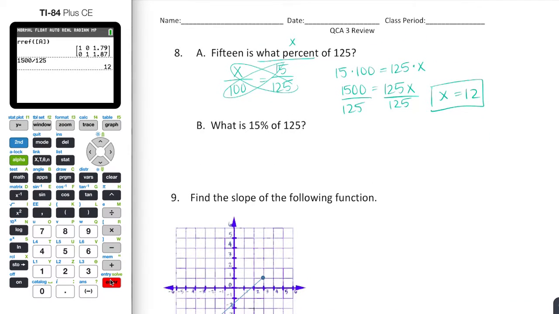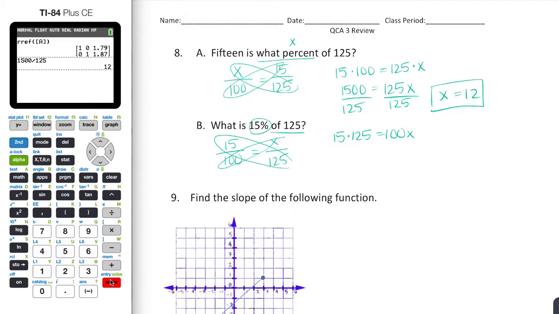All right, B, what is 15% of 125? So percent always goes over 100, so 15 over 100 is over of, so of 125, that's going to go on the bottom, x. So we're going to have 100 times x and 15 times 125. It equals 100x.